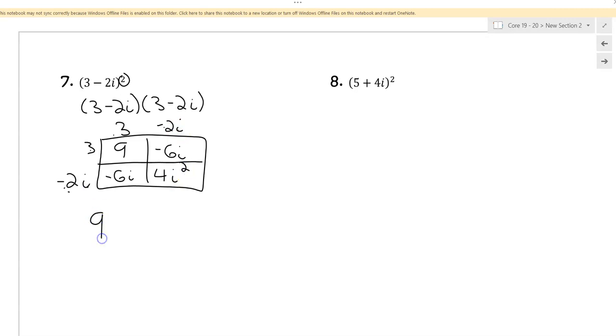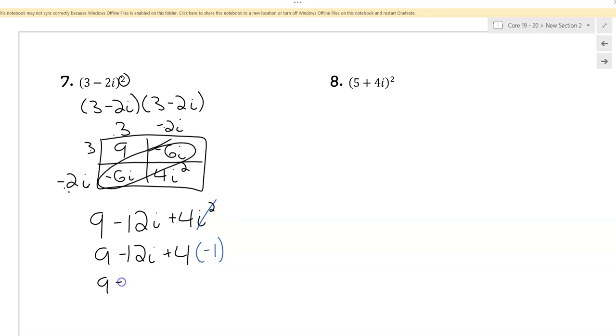So we have 9. Combining these is negative 12i plus 4 i squared. So we have 9 minus 12i plus 4, and then our i squared becomes negative 1.